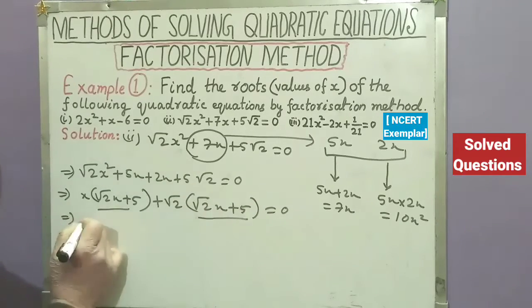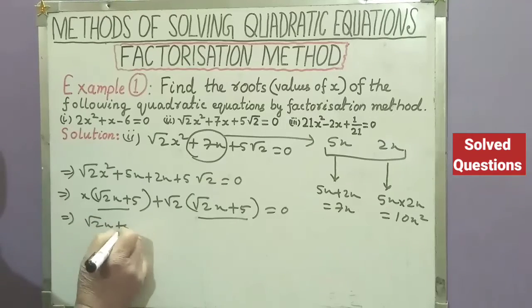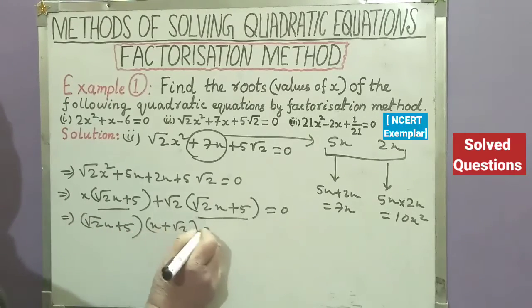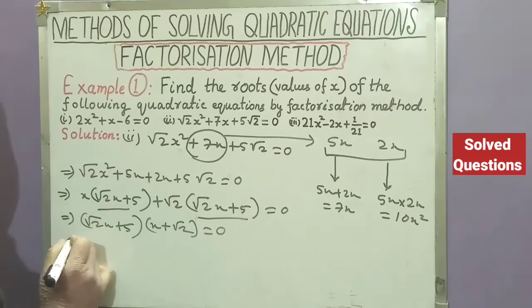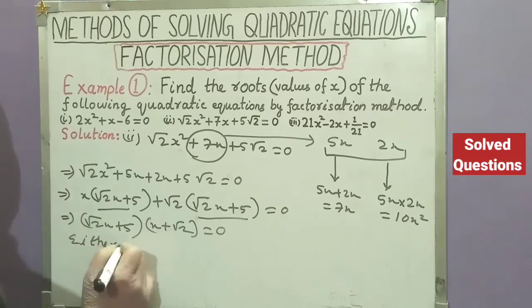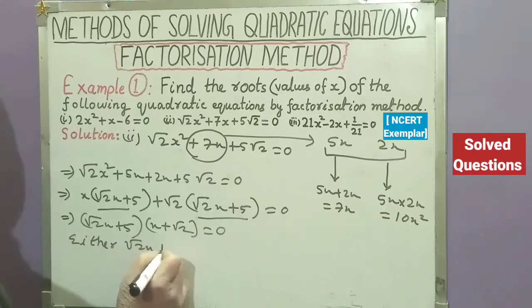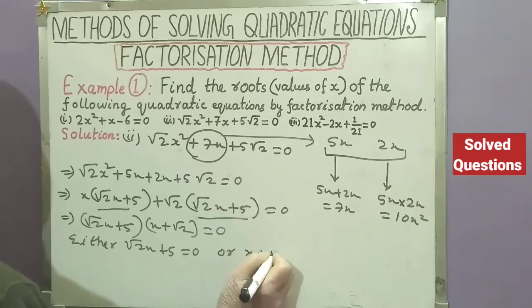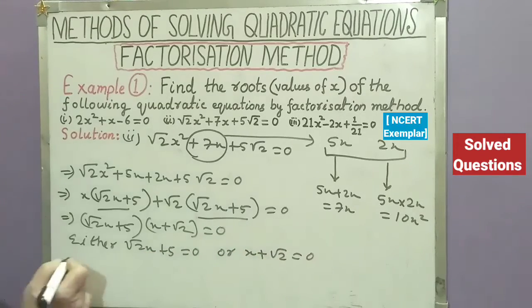Now taking (√2x + 5) common, we get (√2x + 5)(x + √2) = 0. So either √2x + 5 = 0 or x + √2 = 0.